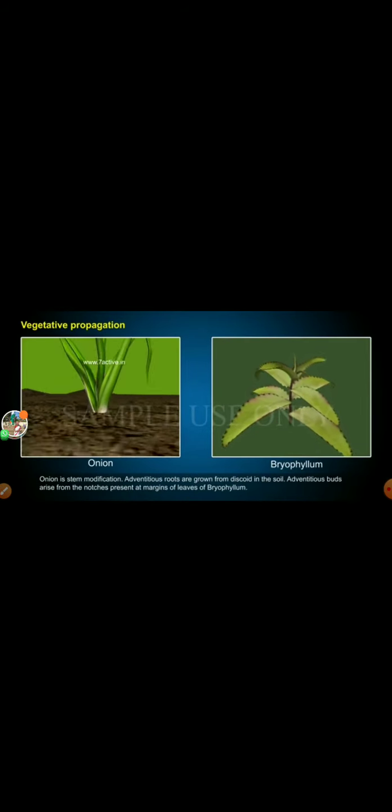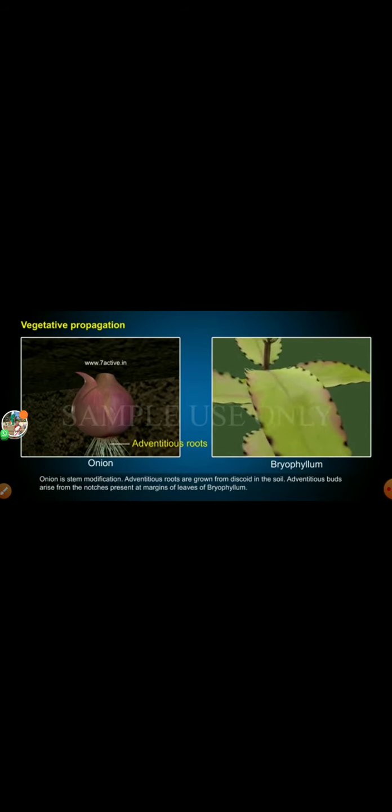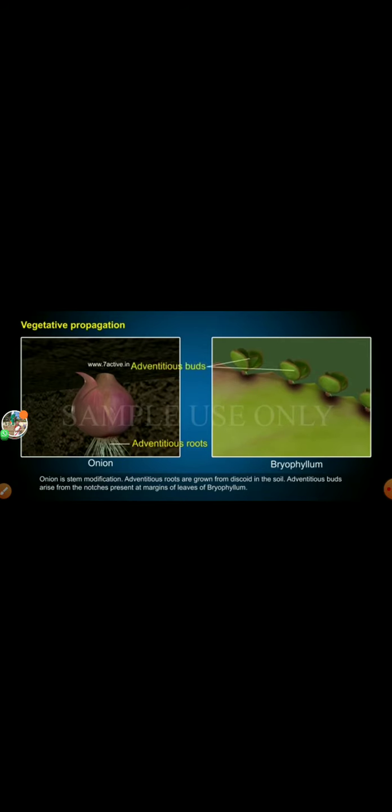Onion is stem modification. Adventitious roots are grown from discoid in the soil. Adventitious buds arise from the notches present at margins of leaves of Bryophyllum. This ability is fully exploited by gardeners and farmers for commercial propagation of such plants.